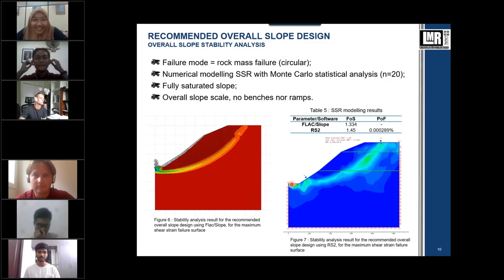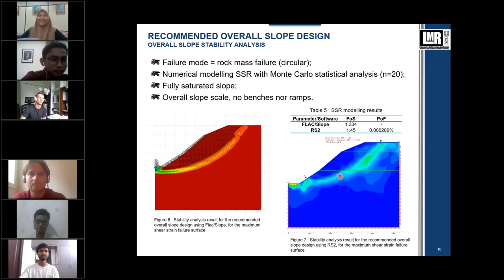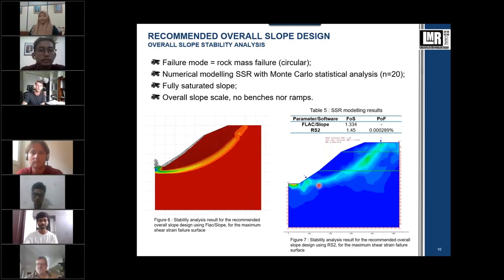The shear strain was greater here, but we had the same shape of circular surface. So that's why we chose only one side, and it was enough, and it was less time-consuming computation to use this methodology.